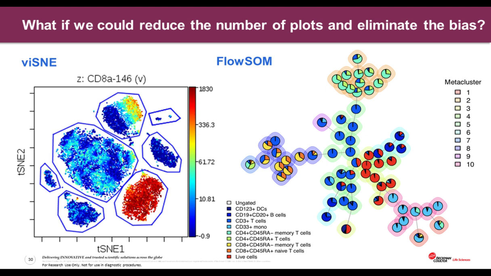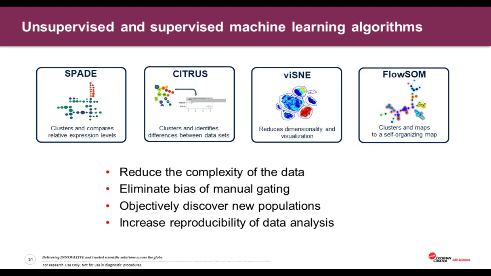that we can then further analyze and segregate into metaclusters and differentiate the expression of several different markers utilizing a flow cytometry analysis algorithm. So in essence, there are unsupervised and supervised machine learning algorithms that are readily available, spanning from SPADE, Citrus, viSNE, FlowSOM. These are just a few that I'm outlining here, that literally have the capacity to reduce dimensionality like we saw there, cluster, and identify differences between our data sets.